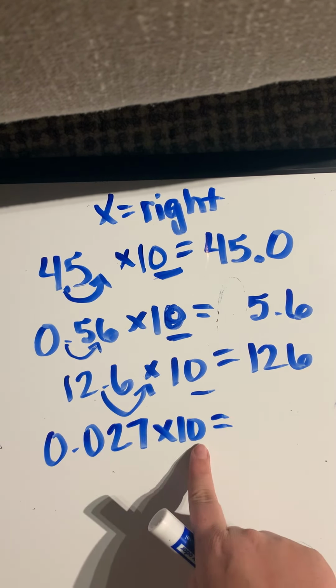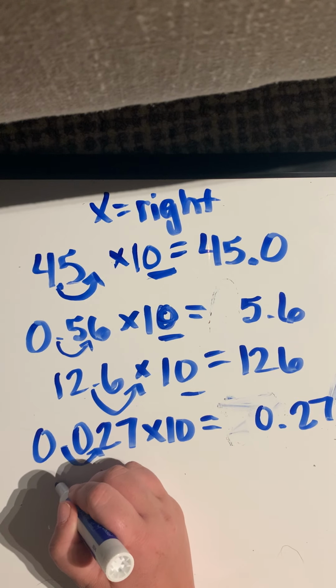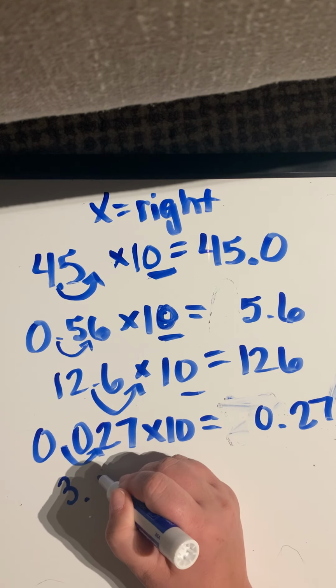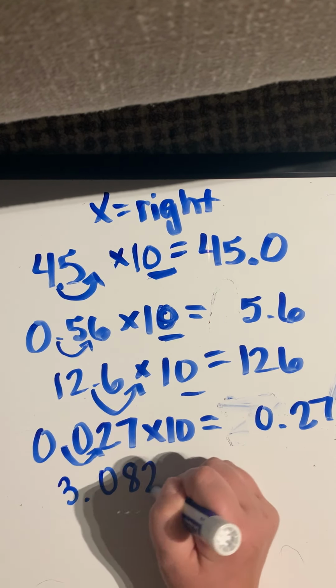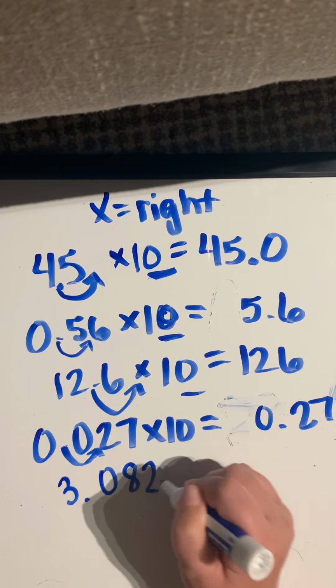All right, let's go ahead and take a look at number 5. I have 3.082 times 10. Again, 1 zero, move it 1 time. So I'm going to end up with 30.82, or 30 and 82 hundredths.